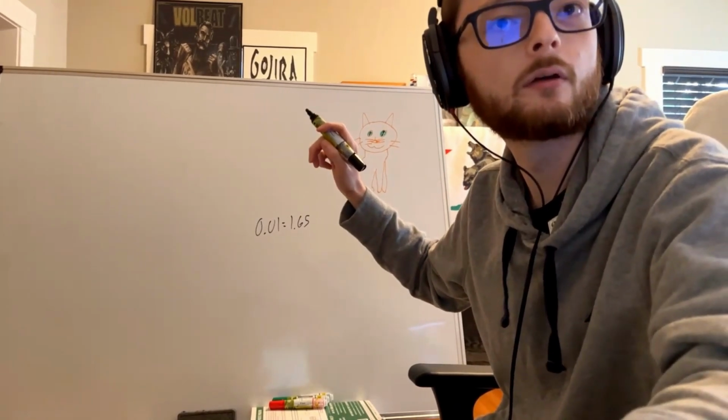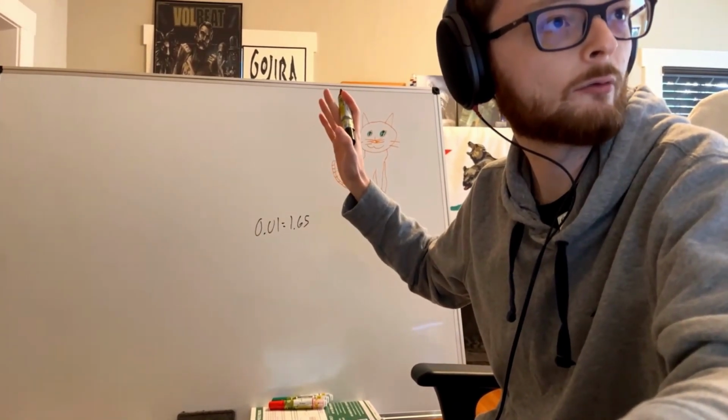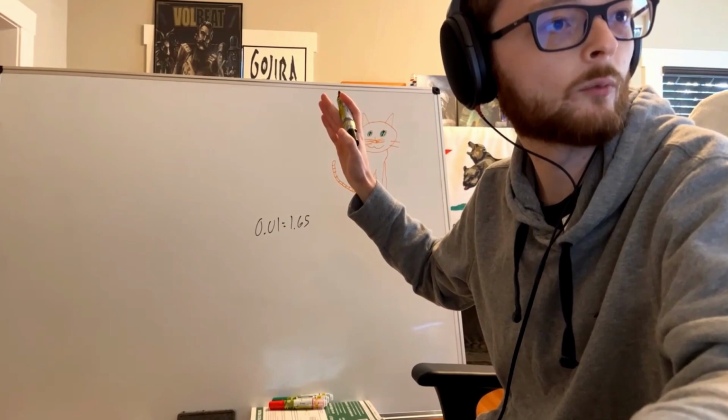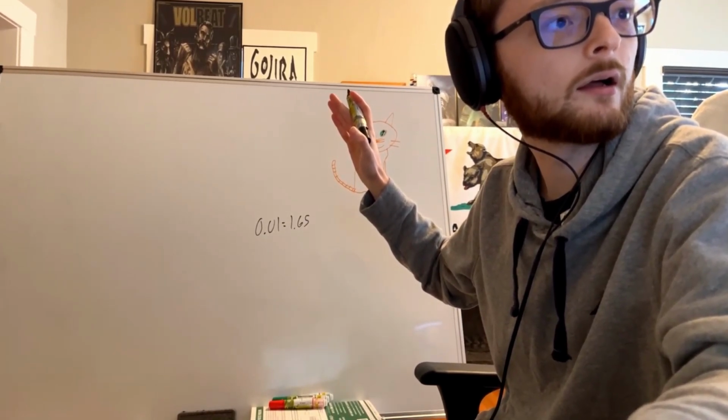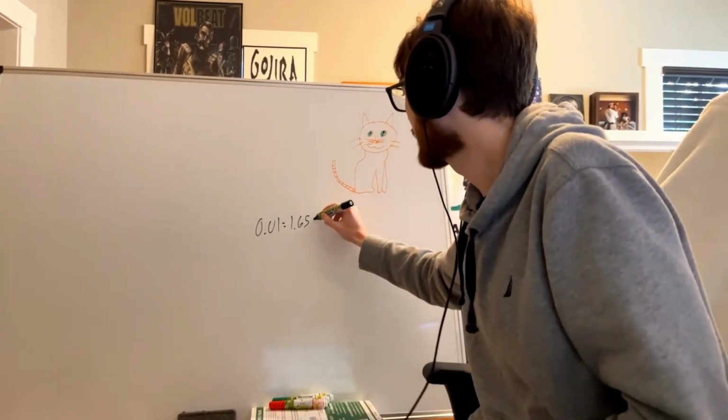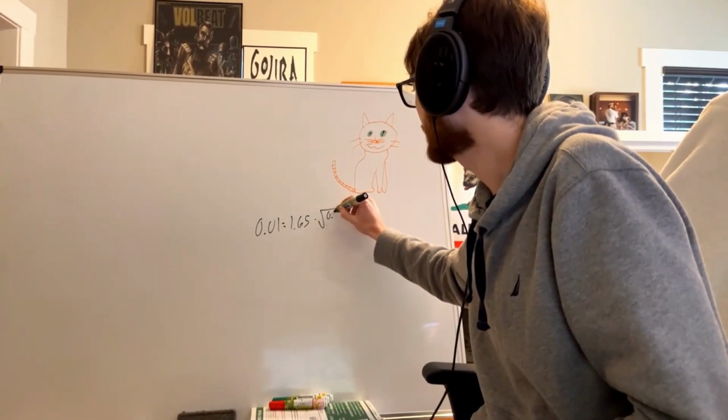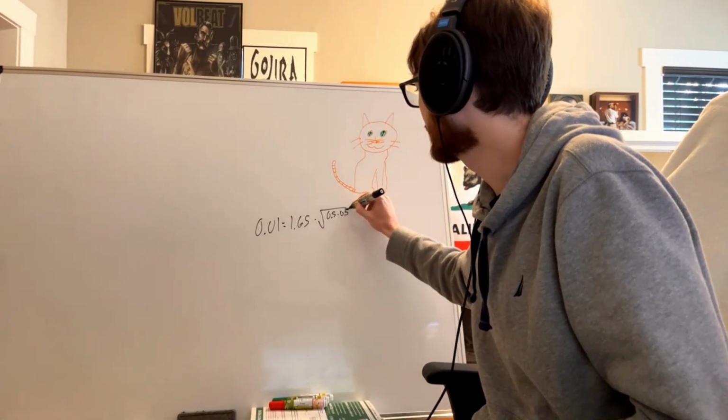Just being sure, I don't want to make a mistake this early. 1.65, good. Times the square root of 0.5 times 0.5 over n.